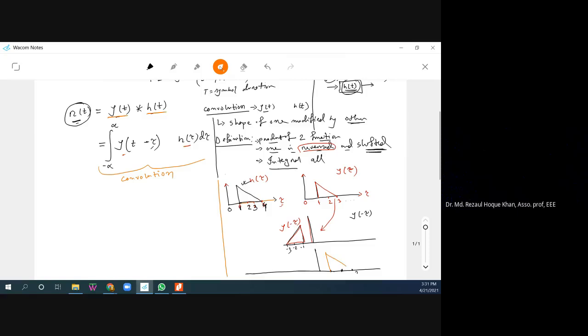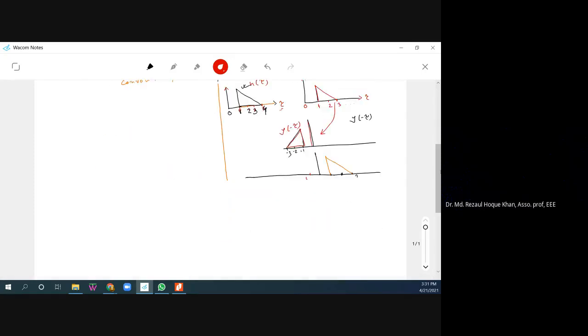And our y minus tau is already there, so now t minus tau: this is t minus 1, this is t minus 2, this is t minus 3.